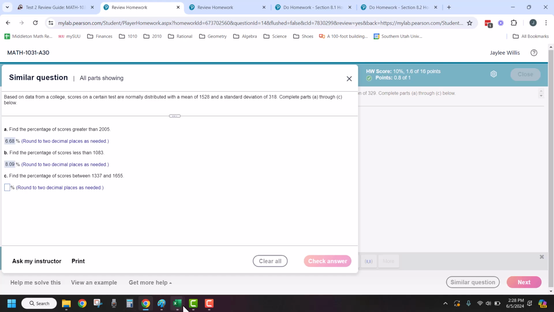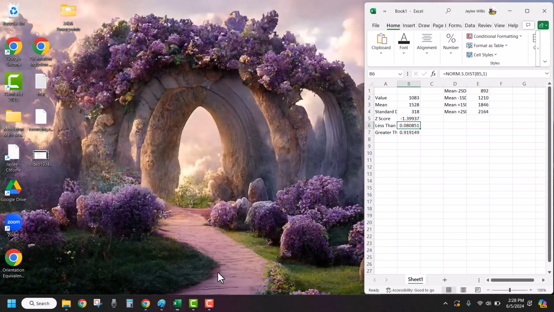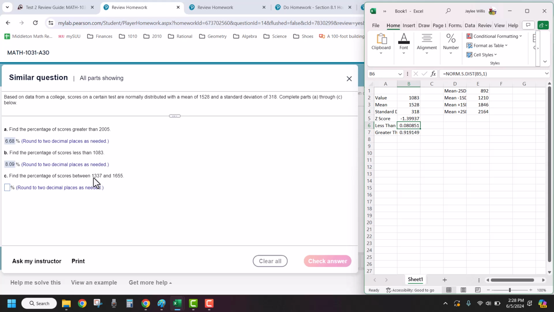And then on part C, I'm asked to find the percentage of scores between 1,337 and 1,655. So I have two values that I'm looking at, and I'm trying to find the percentage between them.